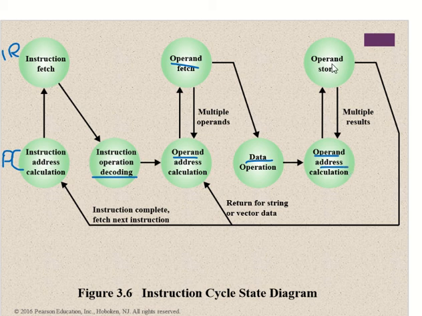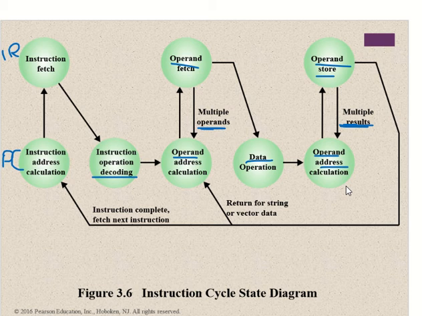Operand address calculation and store the operand means store the result. This is about the result and this is about the source. In the previous exercise we used AC, only one register, so you keep the source in the same register and put the result into the same register. That is a very simple example, but it's not always the case.